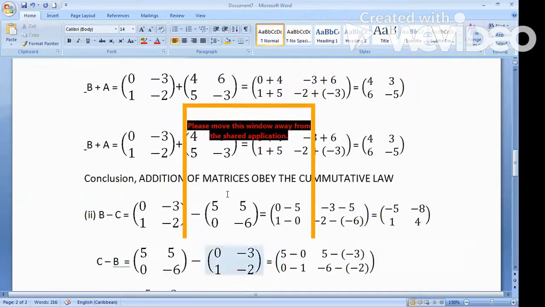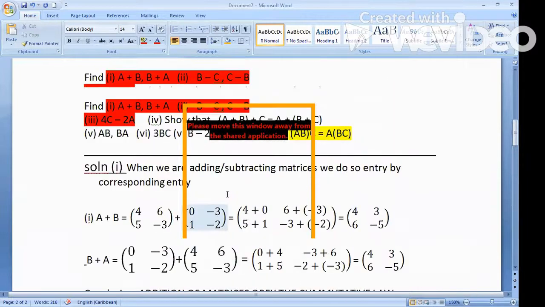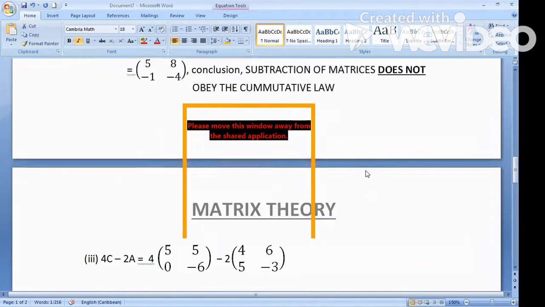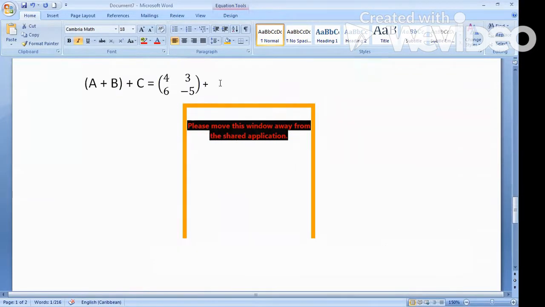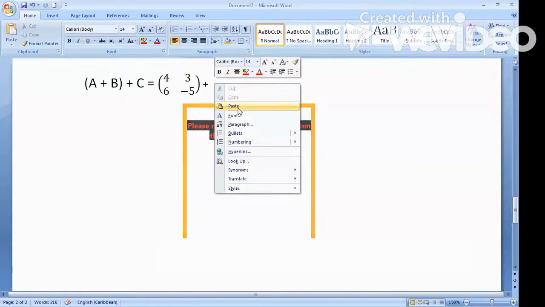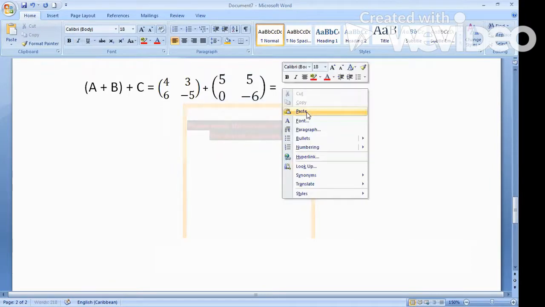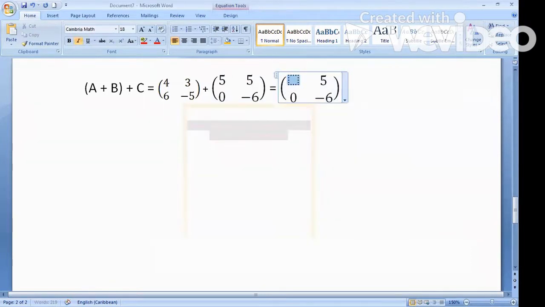Where is C? All right, somebody quickly just work this out for me now, please. Just match it out and tell me what you get. 9.